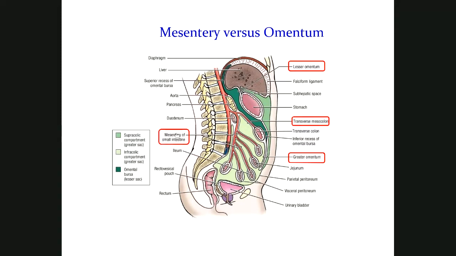And the double layer of the peritoneum that exists in the anterior abdominal wall is called the omentum, which we have described, especially when we talked about the stomach. So we have the greater omentum and the lesser omentum, which are all peritoneal membrane foldings within the abdominal cavity.